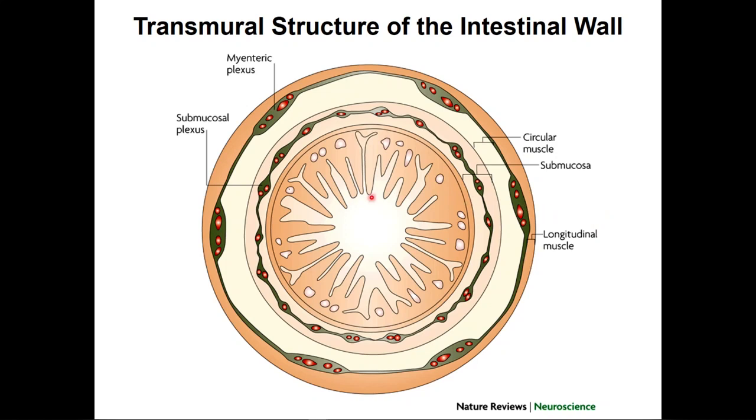Again, I don't know if I mentioned this before, but I usually mention it in several courses. I would say Nature Reviews is probably one of my most favorite places to get a very nice summary of information on any topic. This one was neuroscience, even though we're talking about the GI tract, because the nervous system is so prominent in the GI tract.